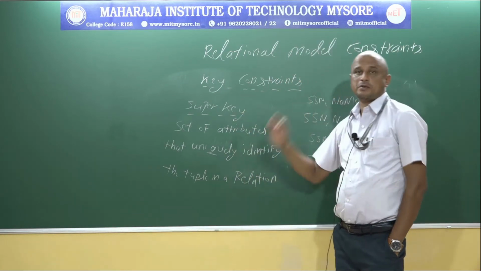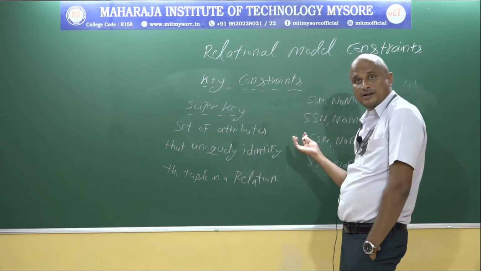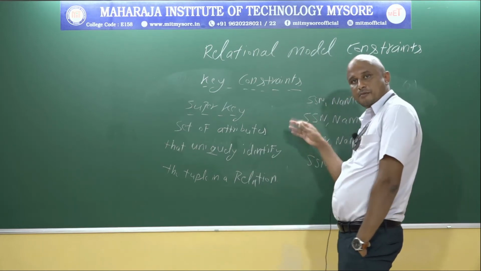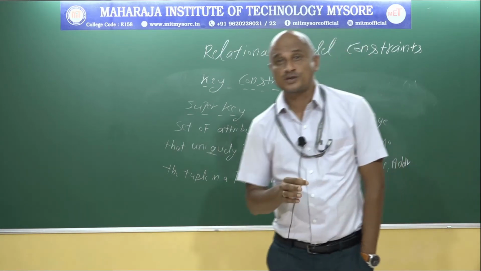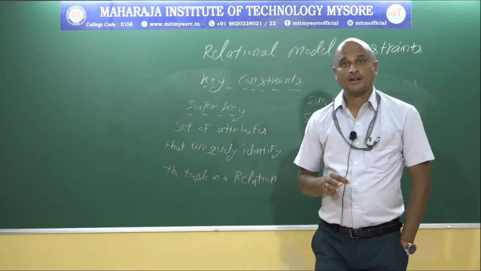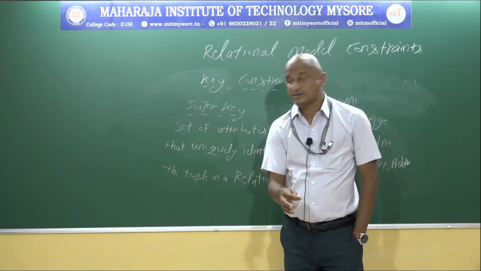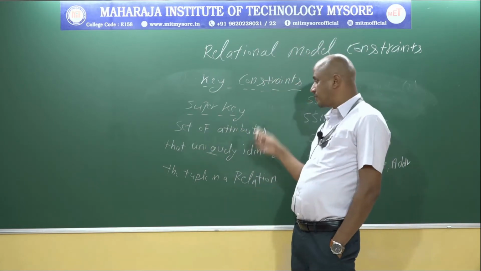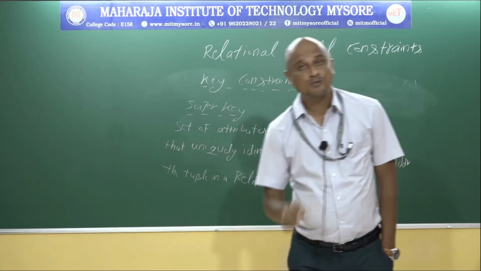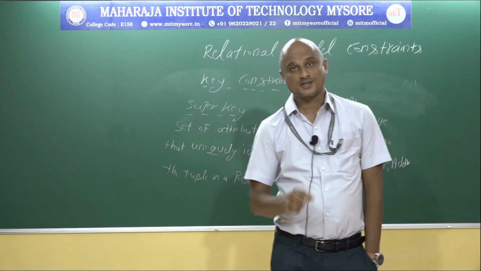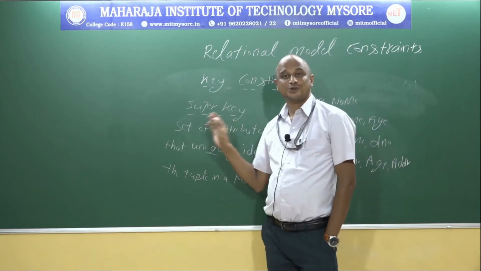A set of attributes: name with age, name with department number, name with address. A set of attributes or a combination of attributes that uniquely identifies a tuple in the relation is called a super key.